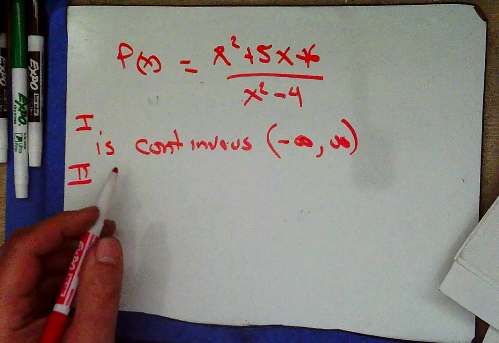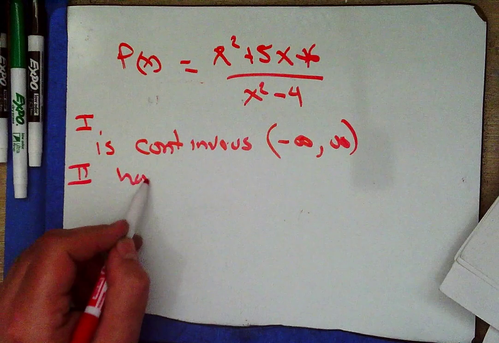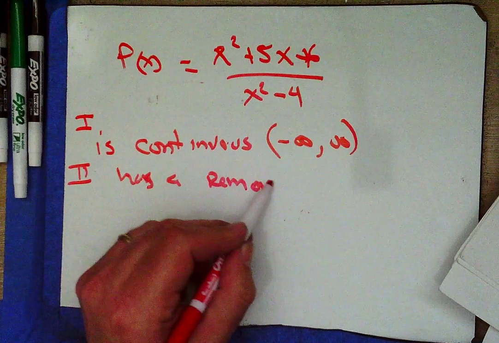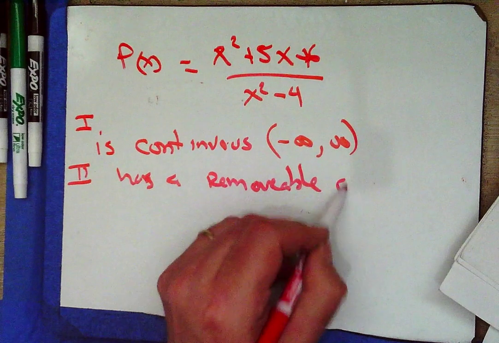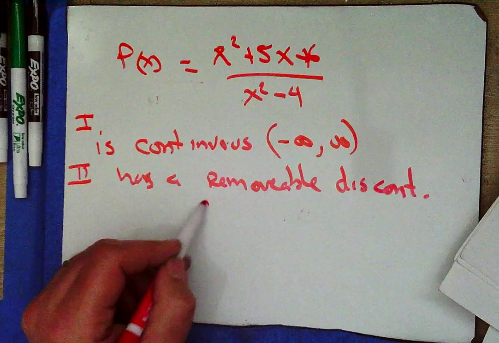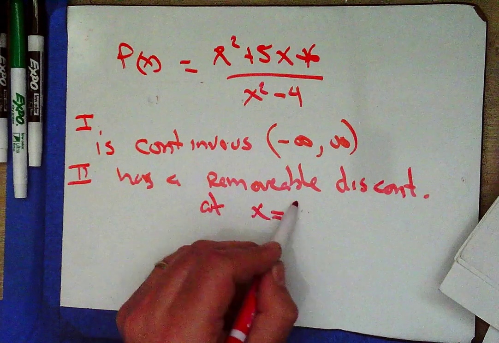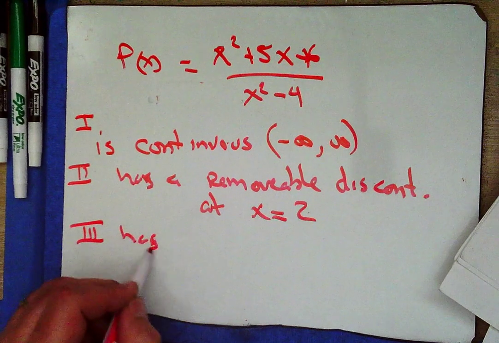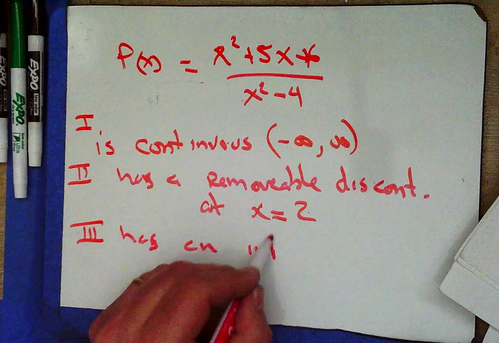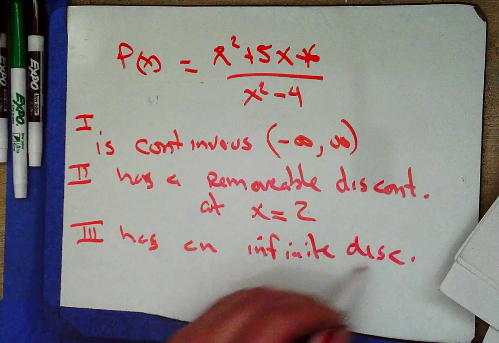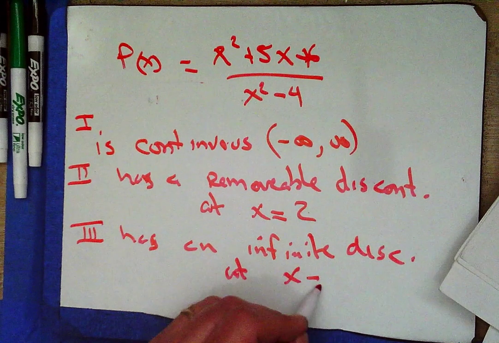Roman numeral 2: has a removable discontinuity at x equals 2. Has an infinite discontinuity at x equals 2.